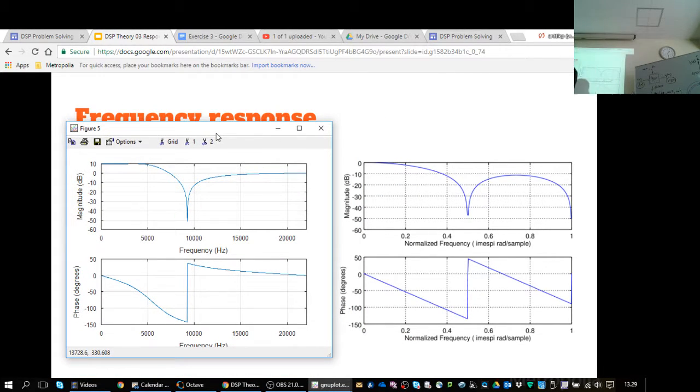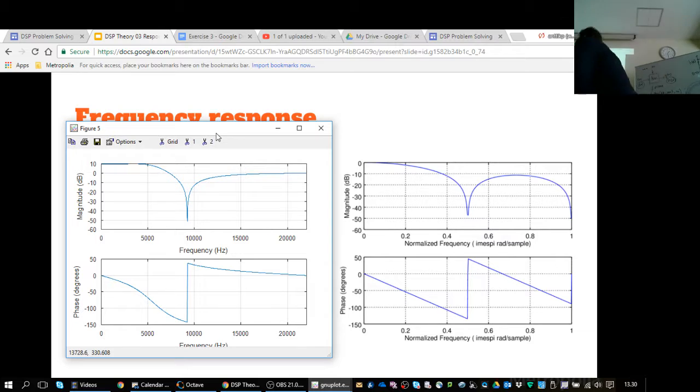So we actually gained an almost flat passband compared to just this simple 4-point running average. And okay, so that's what we gained.